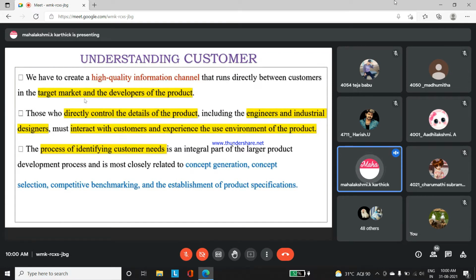And the developers of the product, the people who are full-fledged involved in developing the product, it will benefit them.